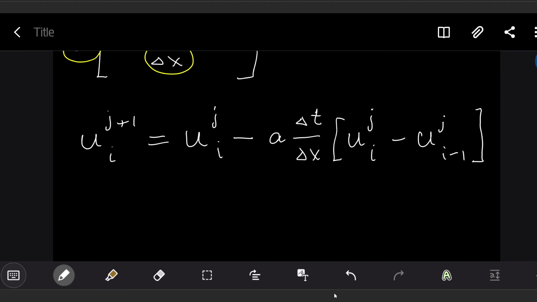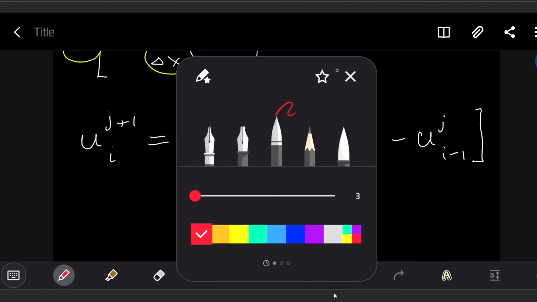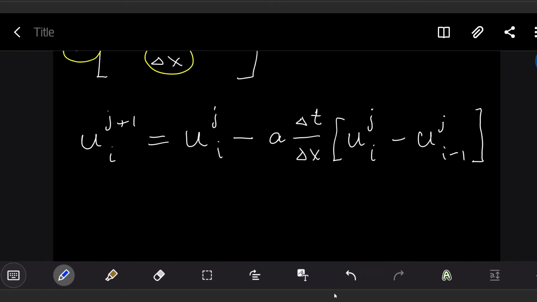Today's discussion is the Courant number. What is the Courant number? It's a very simple thing. I will show you it right now. Look at this parameter here. What is this? What is the dimension?